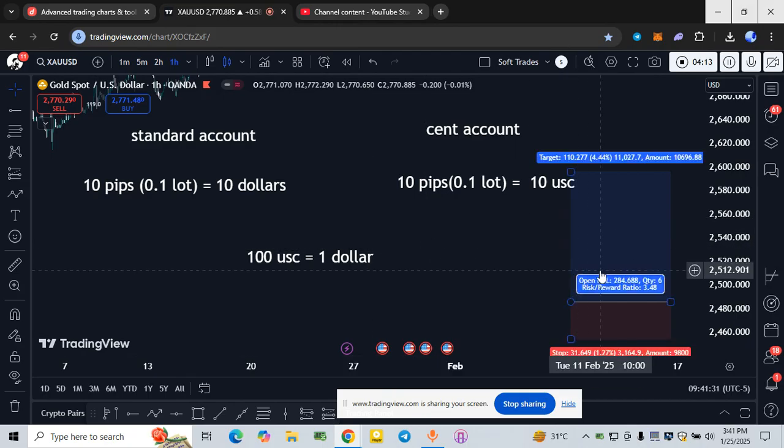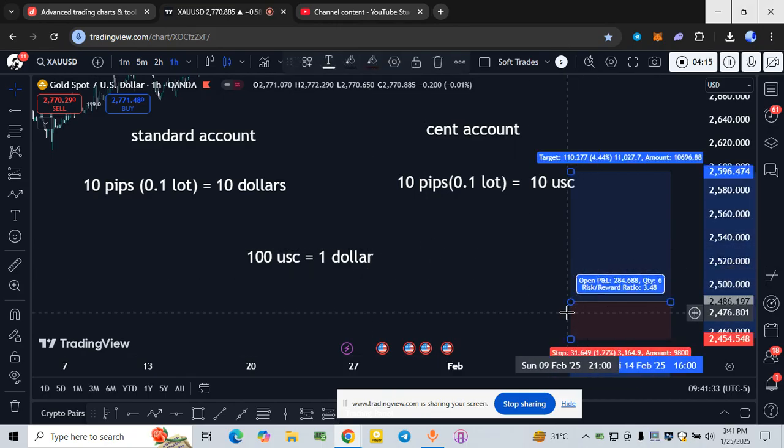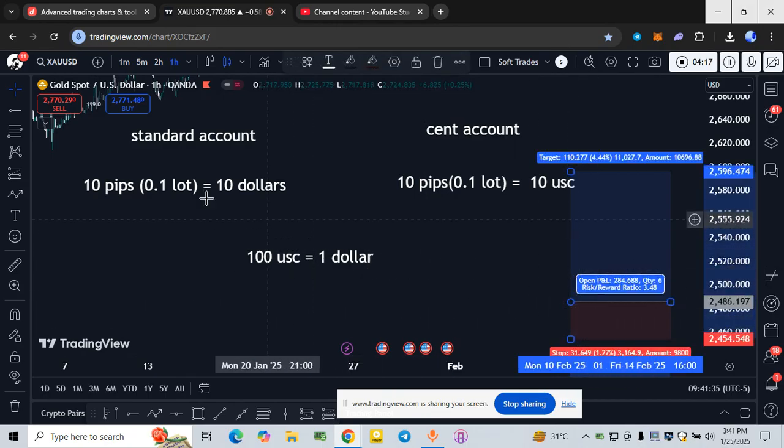If this trade goes against you and hits your stop loss, remember your position is 0.1 lot size and your stop loss is 10 pips, you are going to lose $10 out of that $100, which is 10% of your account. Now, are you willing to lose 10% of that account in that particular trade?